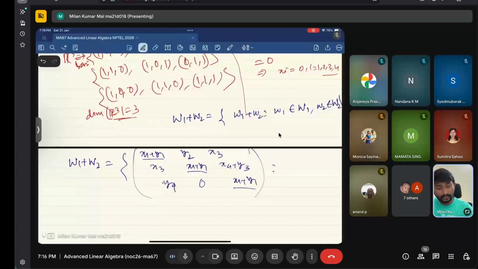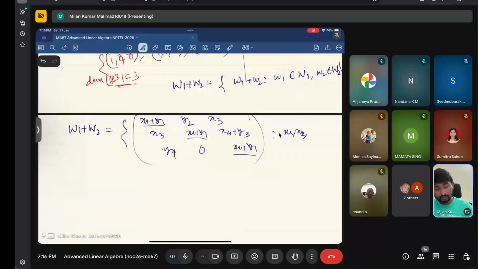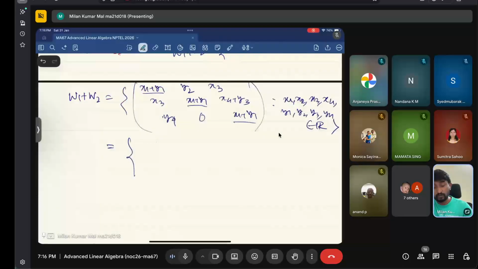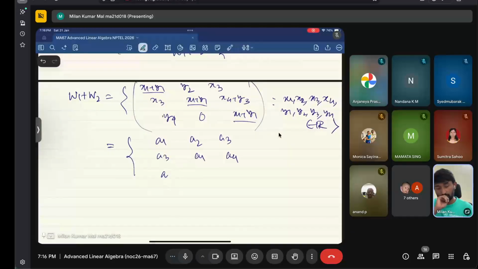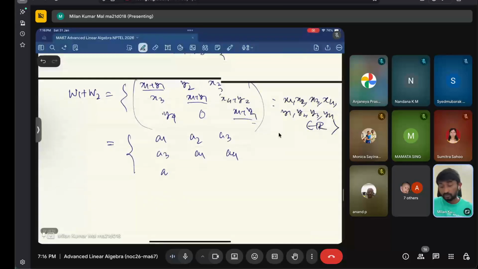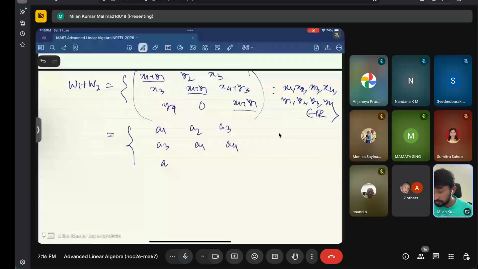So one can write this set, with x2, x3, x4, y1, y2, y3, y4 all coming from real numbers, as exactly equal to a matrix with entries a1, a2, a3, a1, a4, a5, 0, and a1. Sorry, not 4, this is 5.